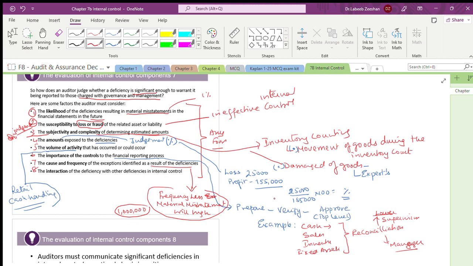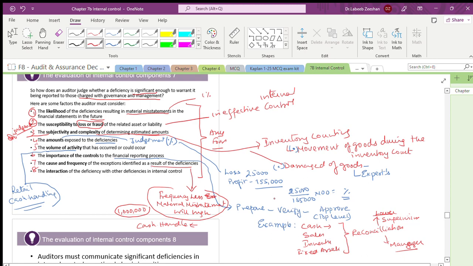In some cases, the frequency will be more and the amount will be less. In banks, wherever cash handling is there, the staff who are handling the cash will definitely be given some additional amount added to the salary, because if there are any material misstatements, they have to pay from their side.